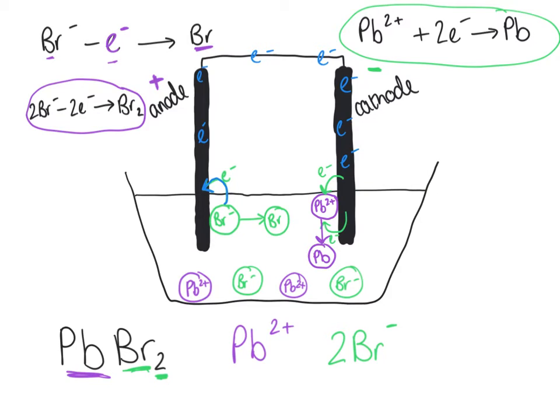And then it is actually the lead ions that are picking up those electrons, gaining those electrons so that they can become a lead atom. So overall, you can see that this circuit is complete. Bromide ion is giving the electrons in to the electrode. They're moving around the circuit from the anode round towards the cathode, and then the lead ions can pick them up. So let's go back to page 6 and fill in our notes with this information.